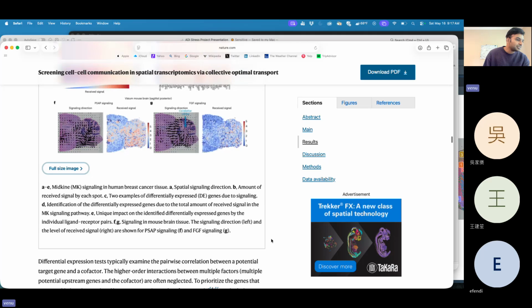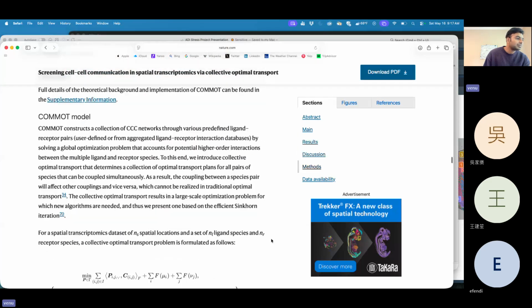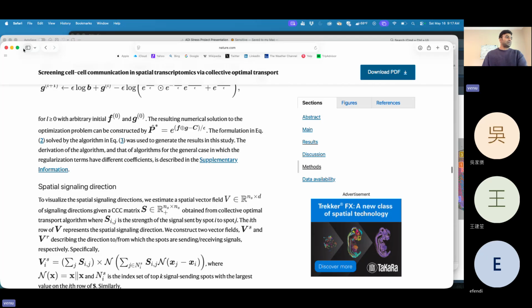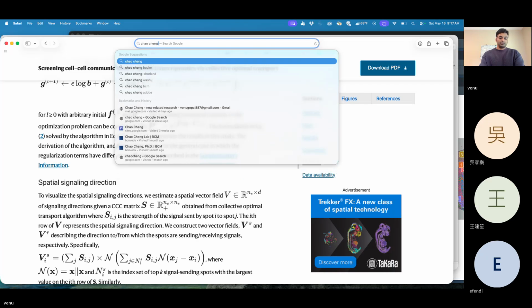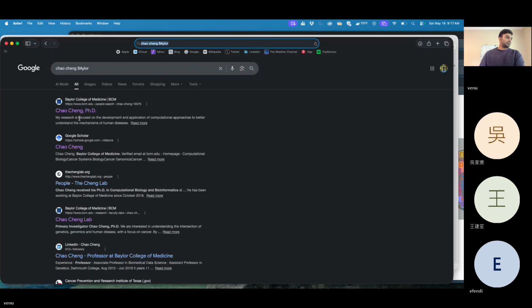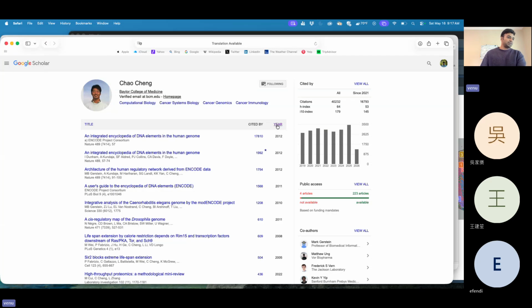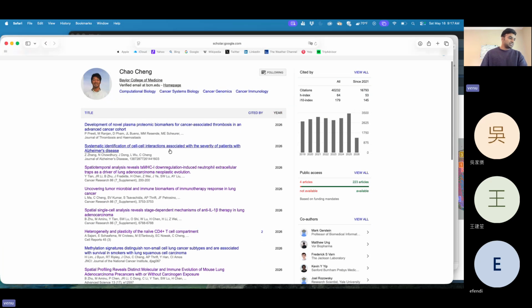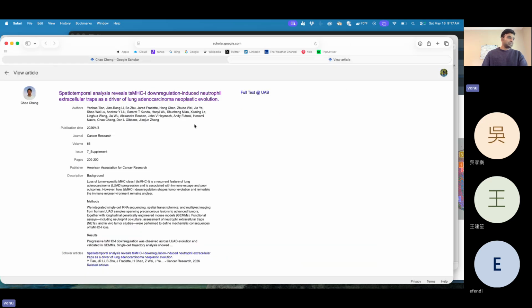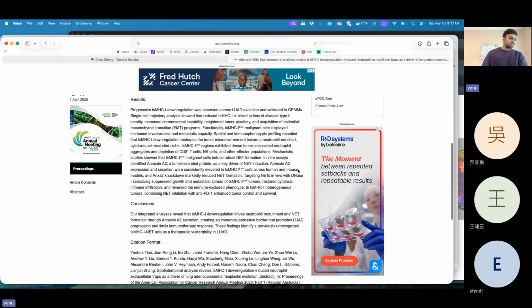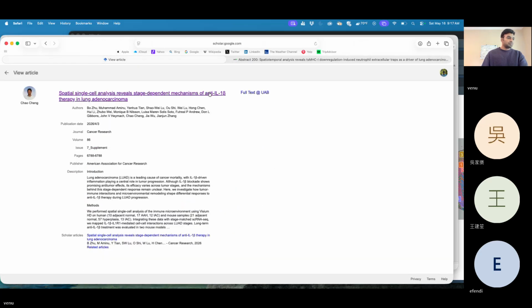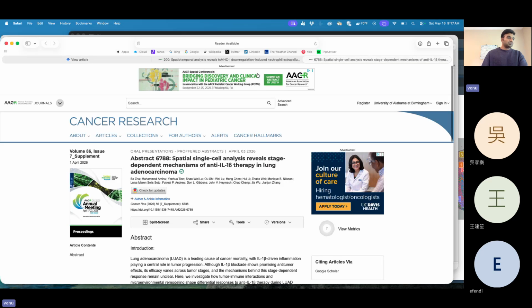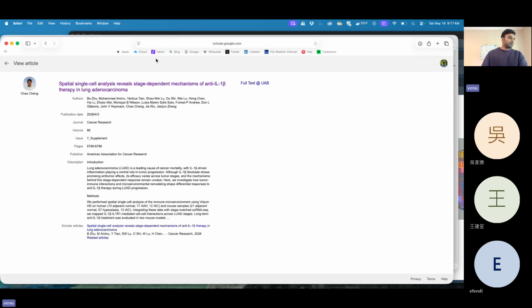I think I'm looking for a better one. This paper is, I think, for, yeah, this is the methods again. Just looking into my spatial analysis. One of my bosses at Baylor is working on spatial transcriptomics right now. They have published abstracts.